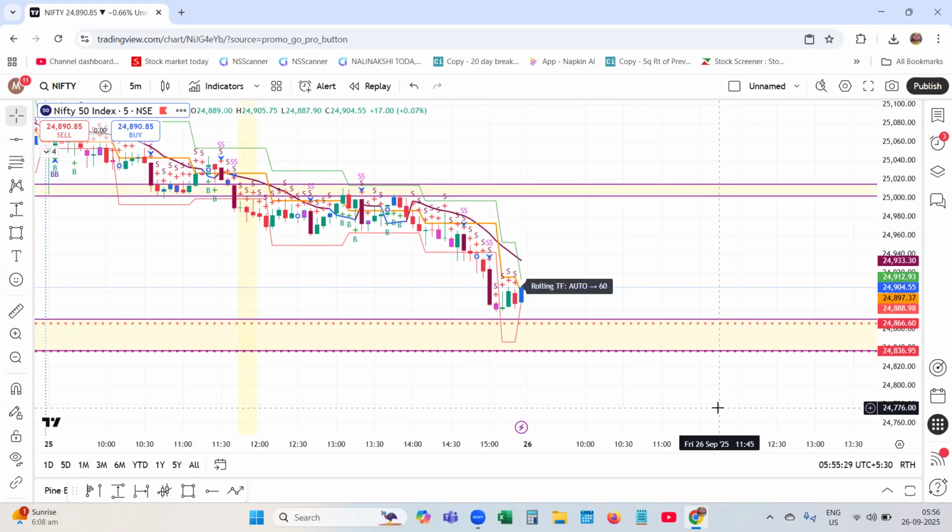You are a stubborn child going against the parent. When the parent is guiding you not to move against, if you want to go against, you are a stubborn trader. Then you have to pay the price for that. Don't do that.